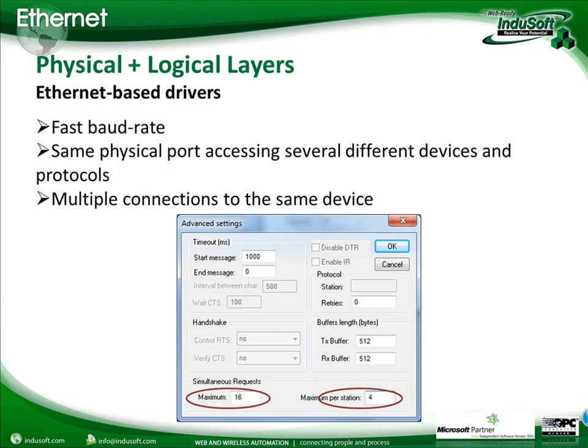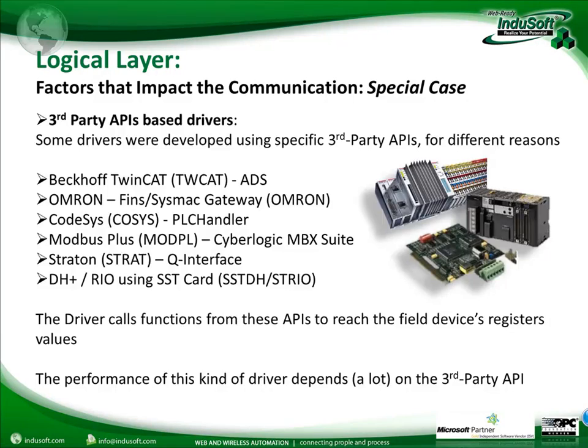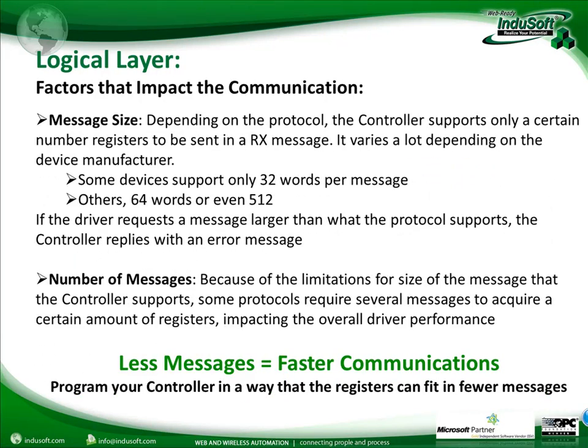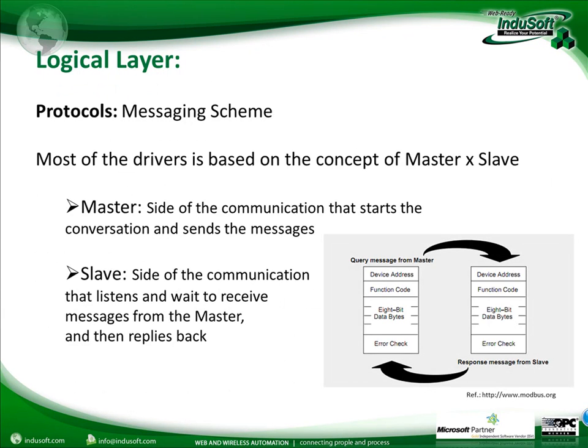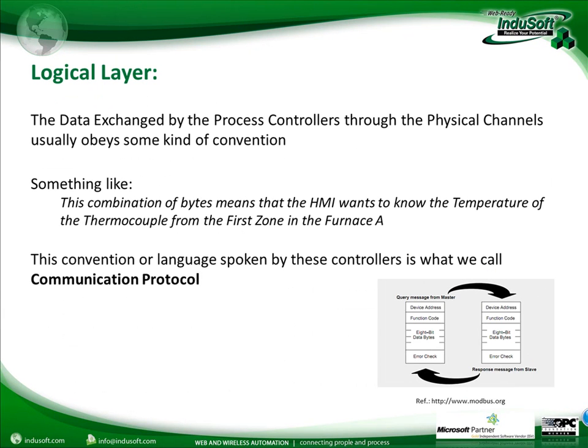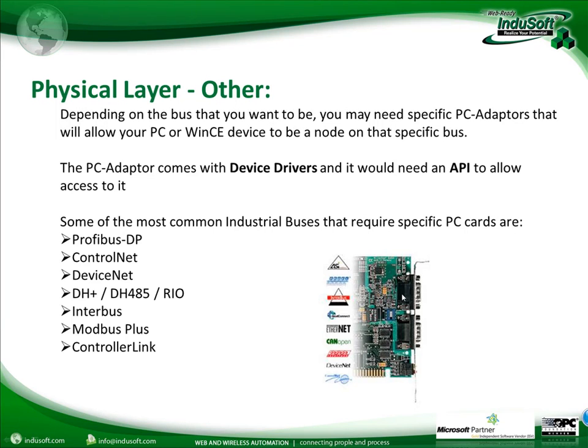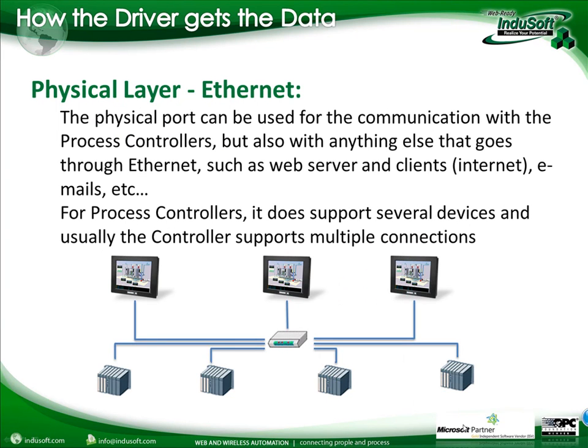That means I can have one PLC up here, and I can have one PLC up here, that can talk to any of these HMIs. So taking the PLC A here, I'm going to have HMI 1, 2, and 3 talking to this PLC at the same time. That means it supports at least 3 connections, right? All at the same time, all in parallel.